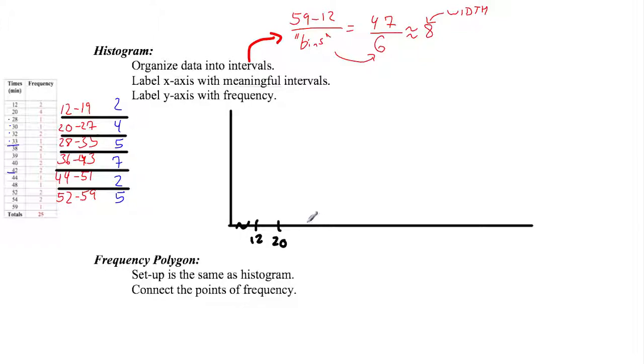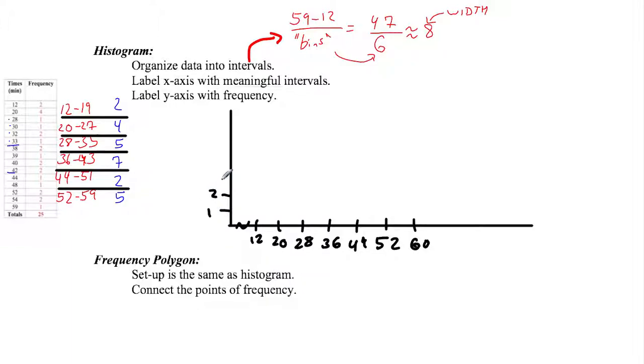And so I'm going up by 8s, where I start, or all these values are the beginning of my frequencies. And then going up, and actually 60. And going up, I'm going to have my frequencies.